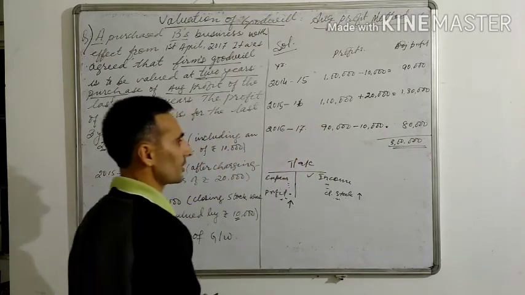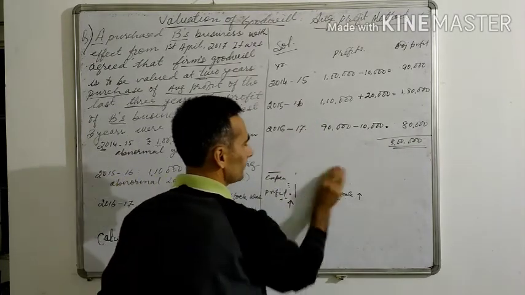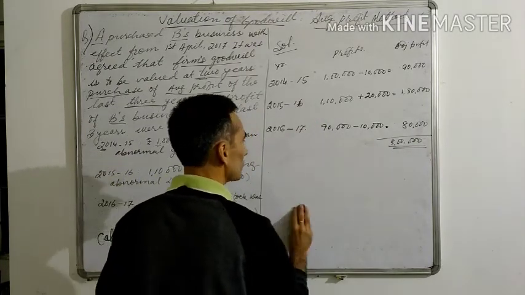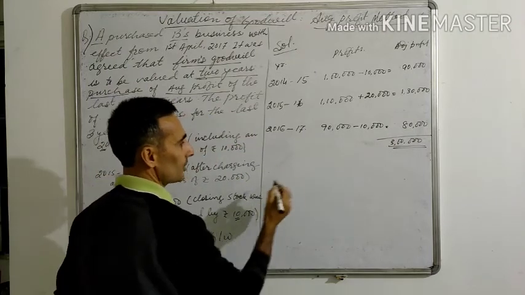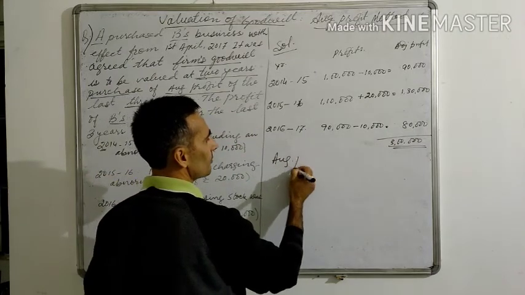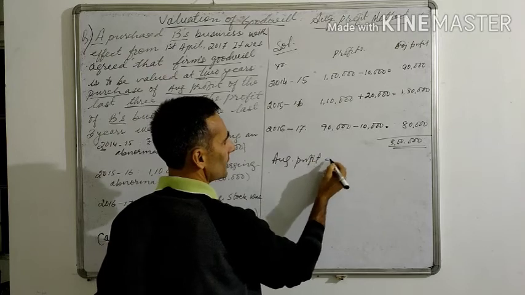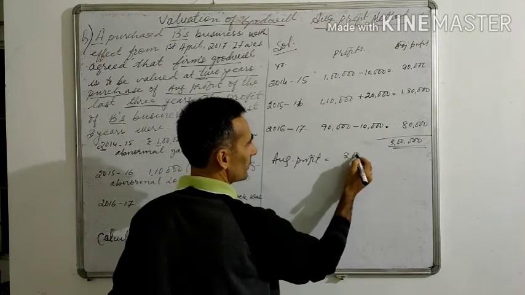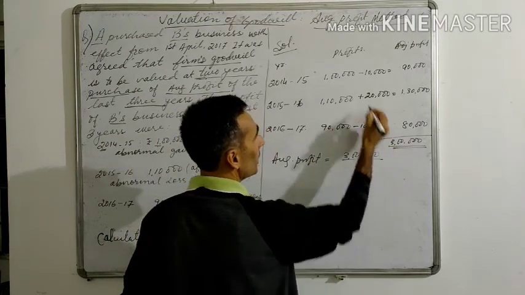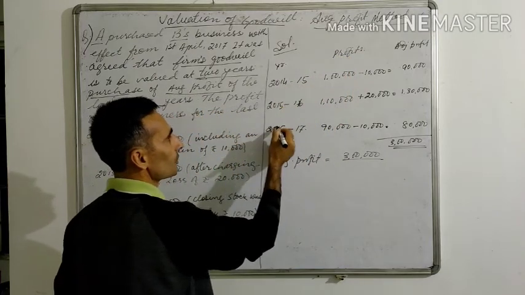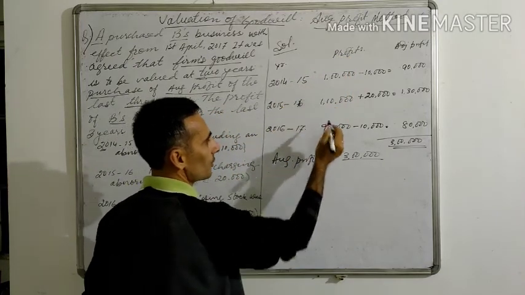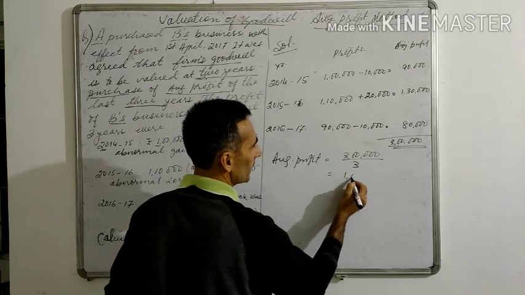So the total profit comes to 3 lakhs. Now after finding the total profit, you find the average profit. So average profit is the sum of the profits, that is 3 lakhs, divided by the number of years, 1, 2, 3, which gives you 1 lakh.